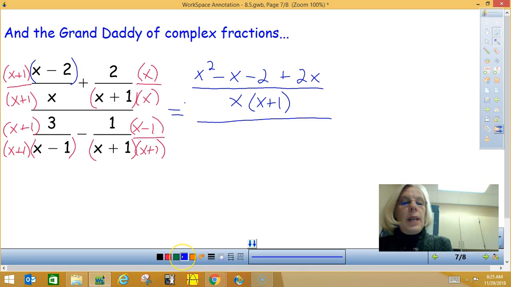So in the numerator of this denominator, I'm going to multiply 3 times x plus 1. That gives me 3x plus 3.